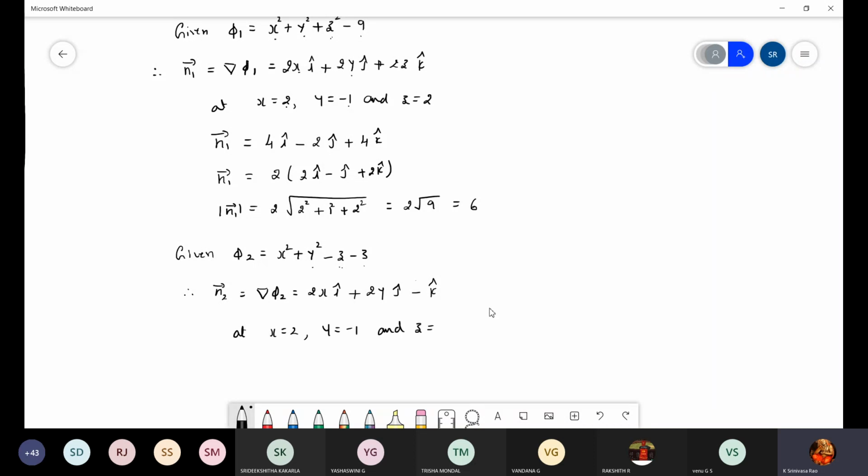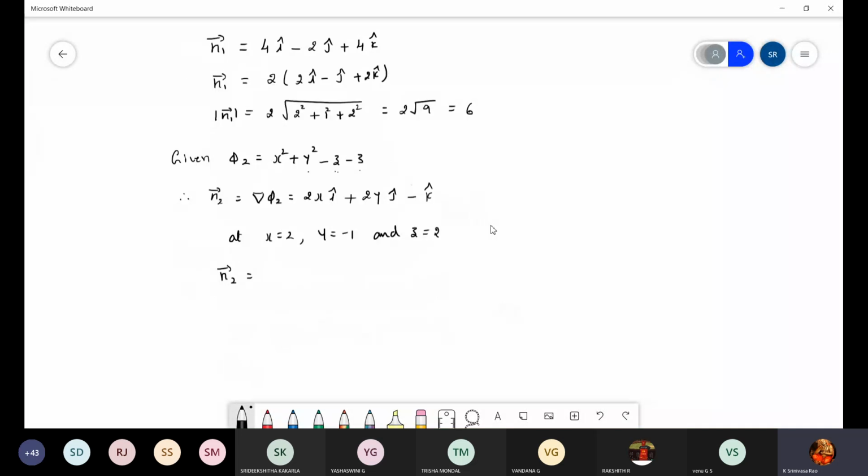At the same point, x equals 2, y equals minus 1, and z equals 2. So n2 equals 4 I cap, plus, y is minus 1, so minus 1 into 2 is minus 2 j cap, and minus k cap. There is no z in the third term, so no need to substitute. It should be minus k cap only.